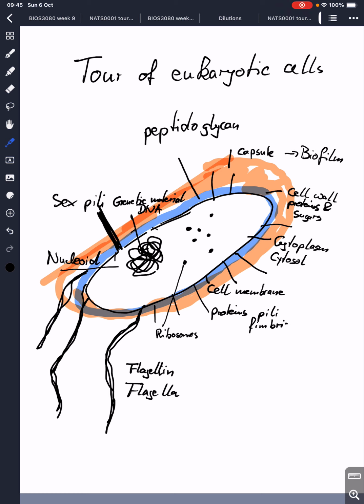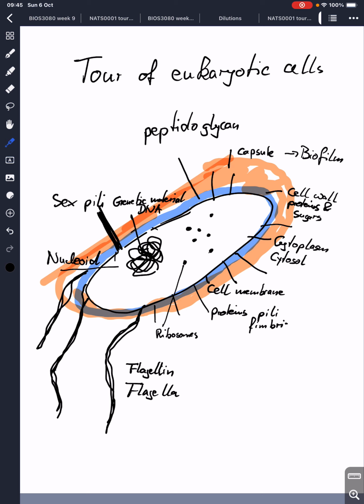So sex pili can be used almost like a penis by one prokaryote to transfer genetic material into another receptive prokaryote of the same species.